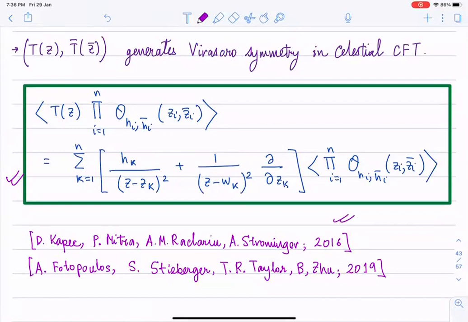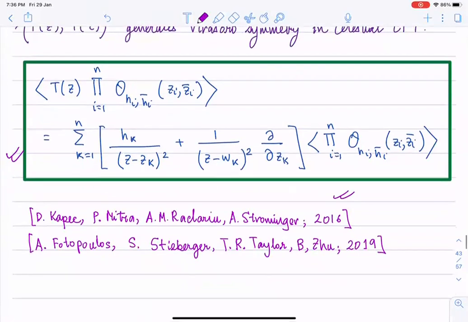But they did not put it exactly in this Mellin space language. So that was later done by Steiberger and collaborators in this paper, which appeared a couple of years ago.